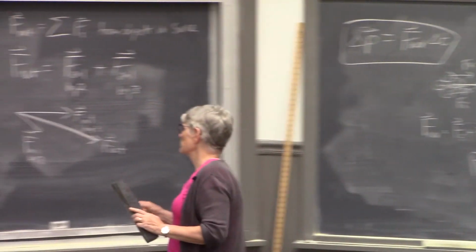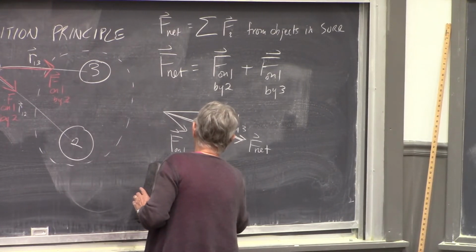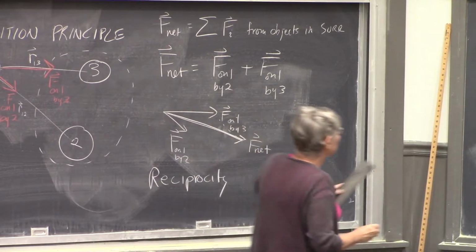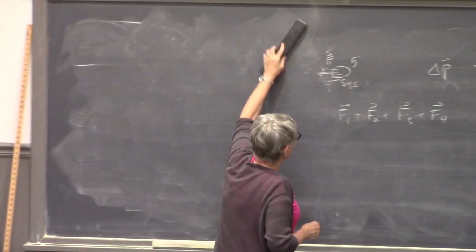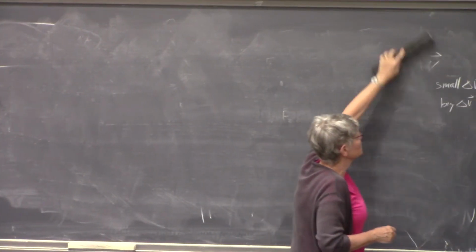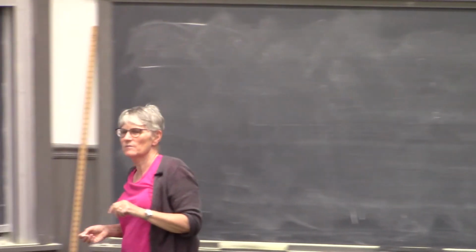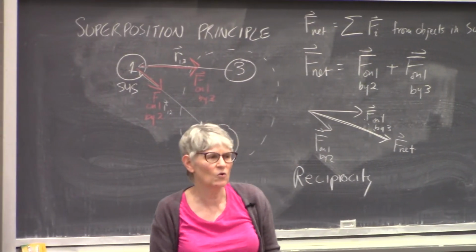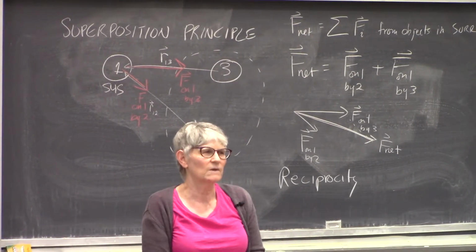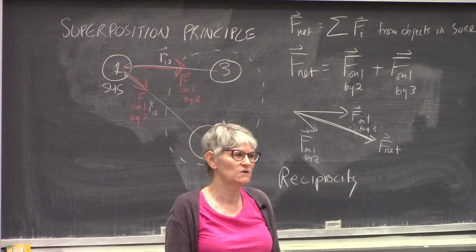So let's put reciprocity here as a thing. By the way, there are some forces where this principle of reciprocity doesn't actually work. It doesn't hold. So it's true for electric forces, it's true for gravitational forces.